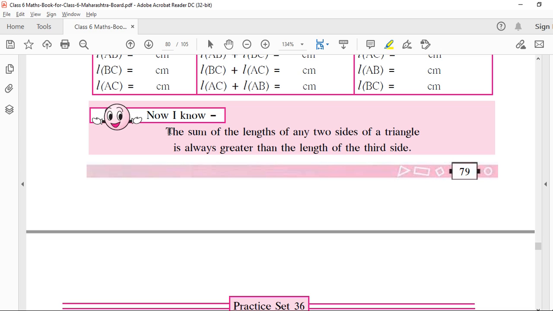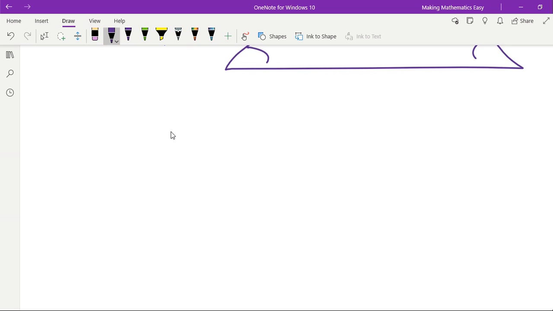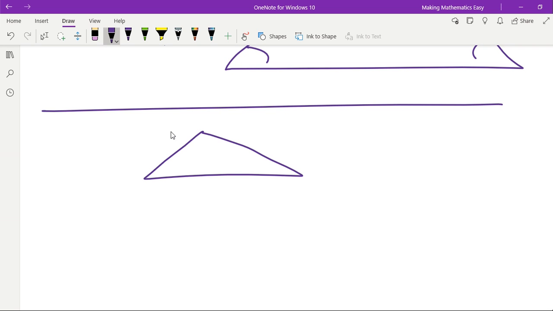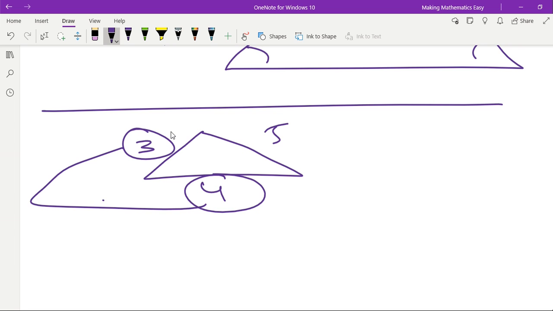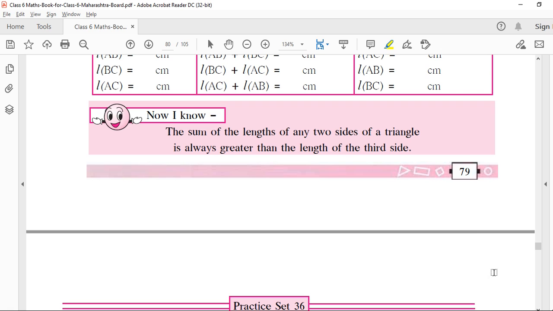The sum of the lengths of any two sides of a triangle is always greater than the length of the third side. For example, if you have a triangle with sides 3, 4 and 5, and you add the two lower measurements, in this case 3 and 4, the sum is 7. This addition of two sides will always be greater than the third side, which is 5. Is 7 greater than 5? Yes. So this is one of the properties: the sum of the lengths of any two sides of a triangle is always greater than the length of the third side.